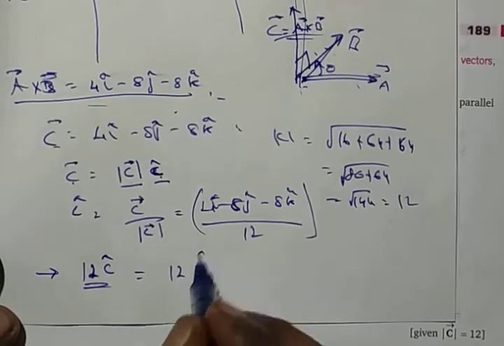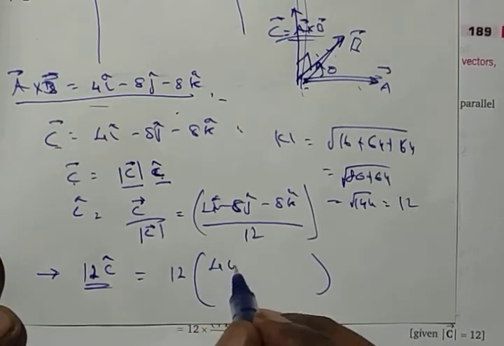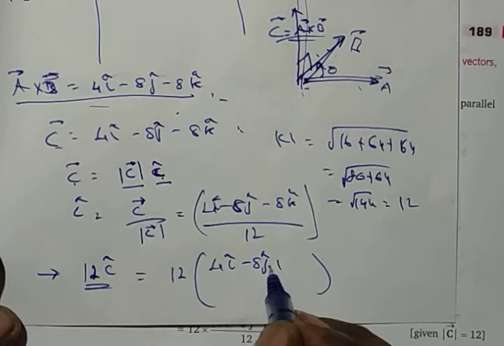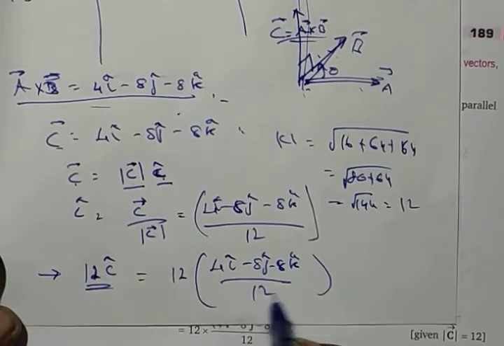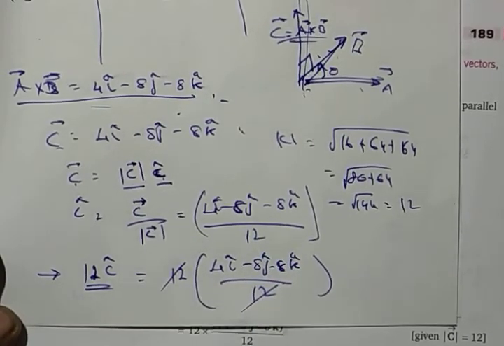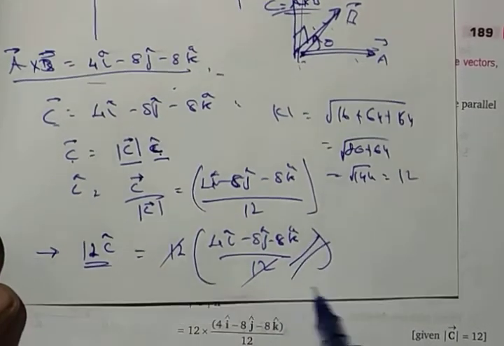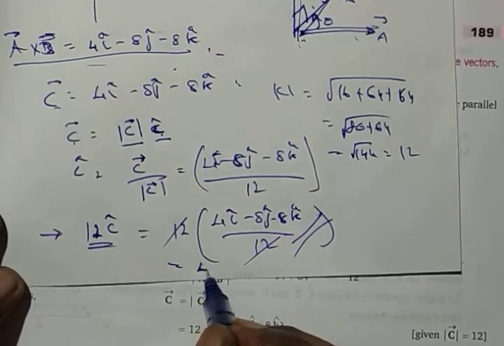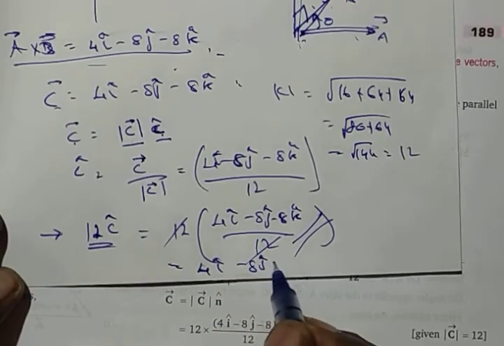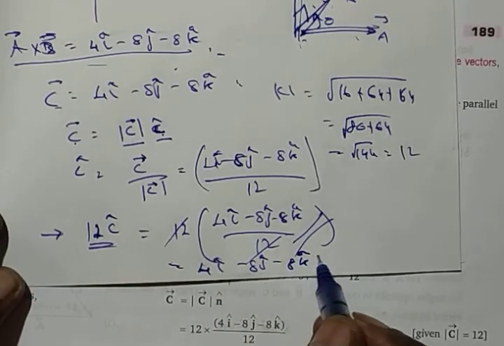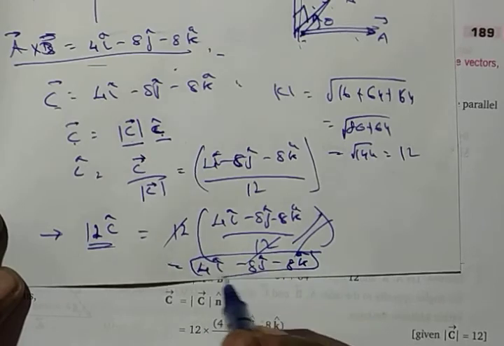So 12 times this whole thing, 4i cap minus 8j cap minus 8k cap upon 12. This is already here, and these two will get cancelled out. So the final answer you will get here is 4i cap minus 8j cap minus 8k cap.